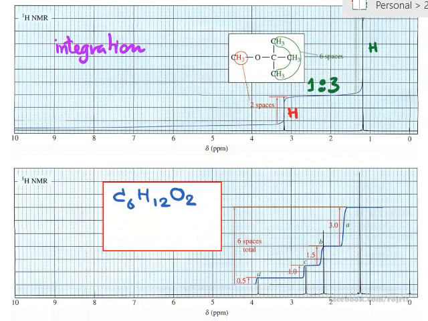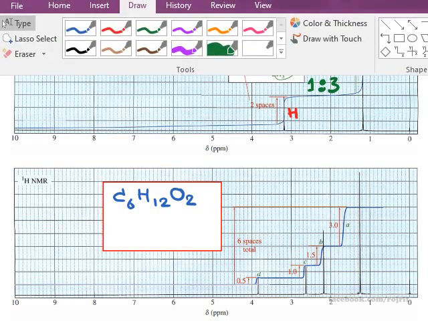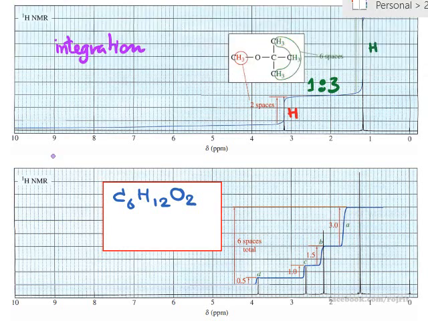Now, for this one, I give you the molecular formula C6H12O2. Every time you see the molecular formula, first of all, what you have to do is find the DBE, double bond equivalent, which is now equal to 6 minus 12 divided by 2, plus 1, right? Carbon minus hydrogen divided by 2 plus nitrogen divided by 2, but you don't have nitrogen here, and then plus 1.